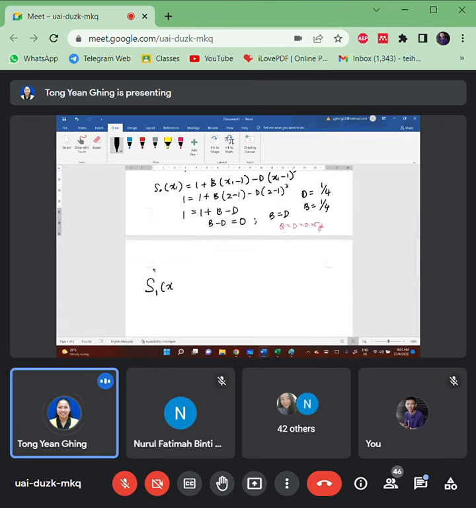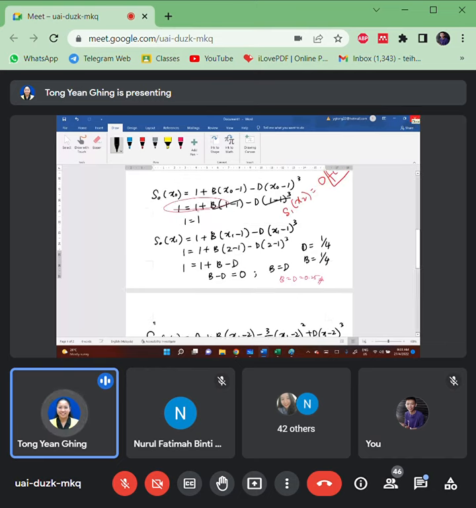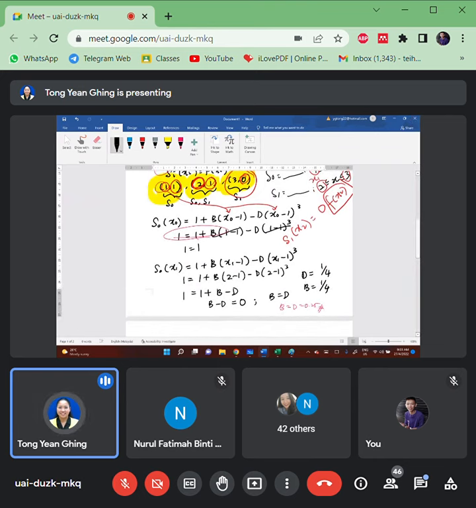I want to try substituting X1. I'll just write down the formula just now. This is A plus B(X1 minus 2) plus 3 over 4 (X1 minus 2) to the power of 2 plus D(X1 minus 2) to the power of 3. Now X1 is 2.